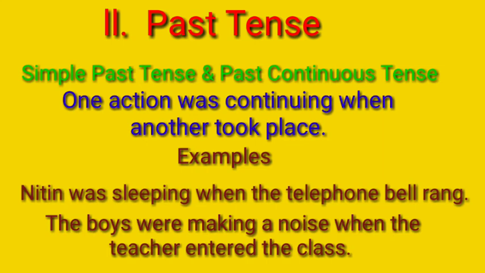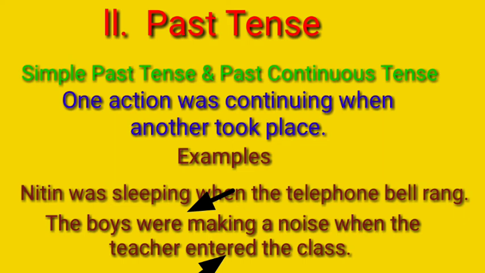The boys were making a noise when the teacher entered the class. Here also two actions took place. One was continuing and one was completed. We use past continuous tense for the continuing action and simple past for the action that was completed.